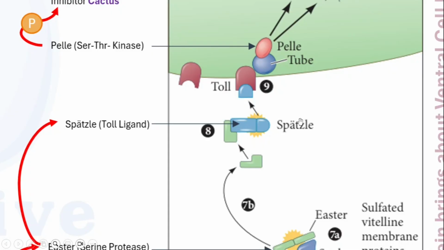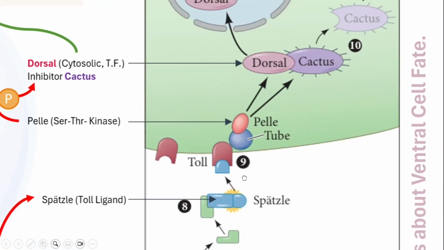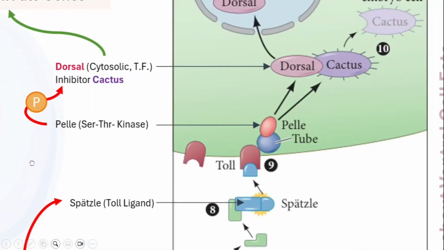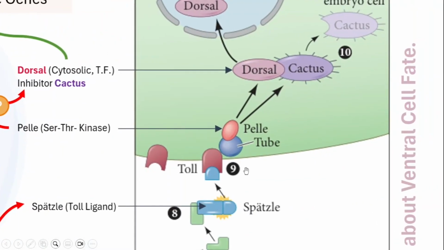This spatzle protein, when cleaved, will act as a ligand for other specific receptors. Now there are specific toll receptors present on the egg membrane, or here the embryo we can say, because embryogenesis has taken place. So there are specific toll receptors which are present on the embryo membrane, and this spatzle will act as a ligand for the toll receptor, and when their interaction takes place, there is action on Pelle protein.